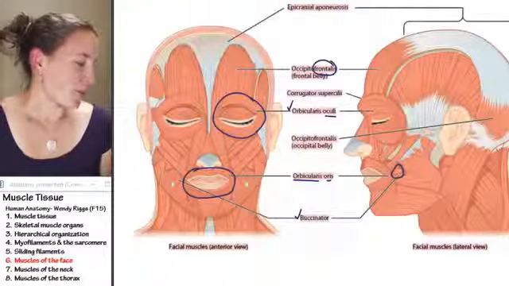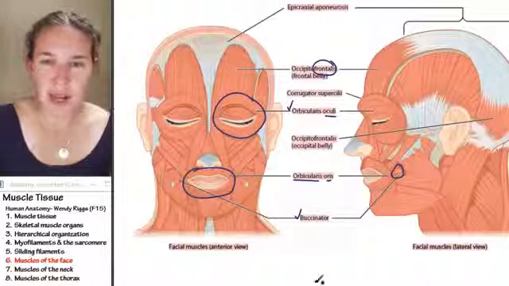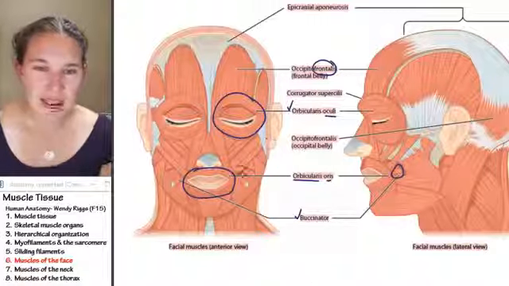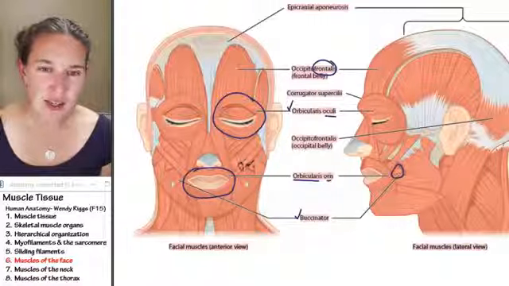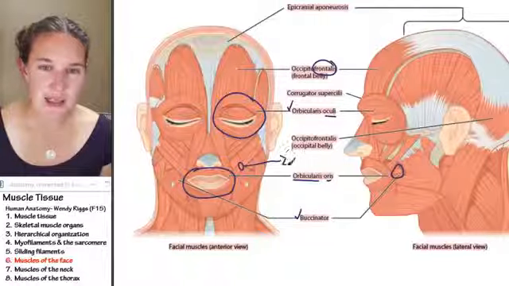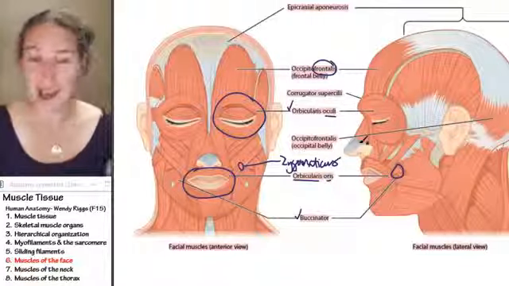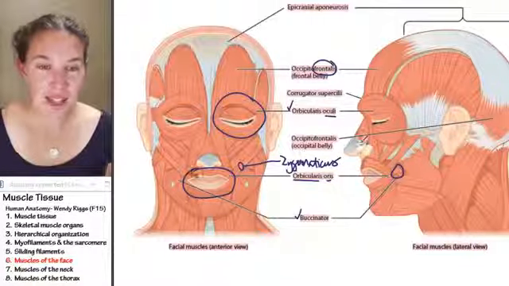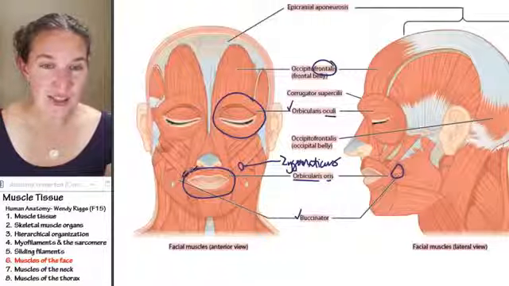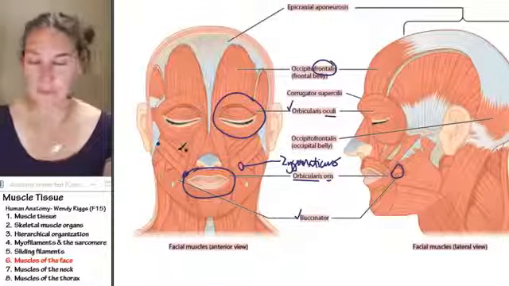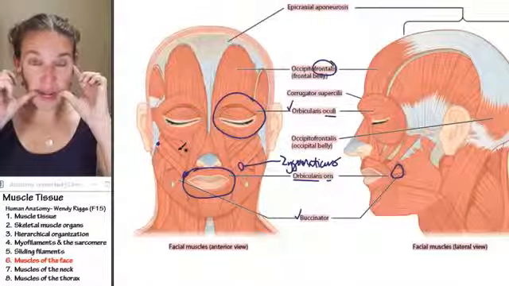One more. Two more. Zygomaticus. What? Zygomaticus is not listed. Zygomaticus. I love zygomaticus. Do you know why? Look at this muscle. Look at where it attaches. There's actually two of them here. The attachment is right here.